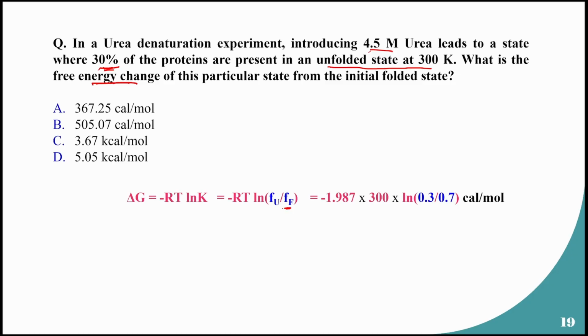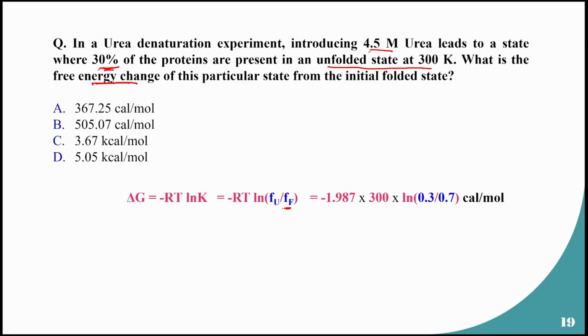For these types of questions, always look at what the units are, right? If you do the calculation in calorie per mole, then you have to convert it. The options are given in kcal per mole, so you might have to convert to kcal per mole as well.